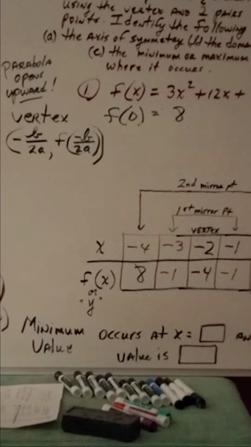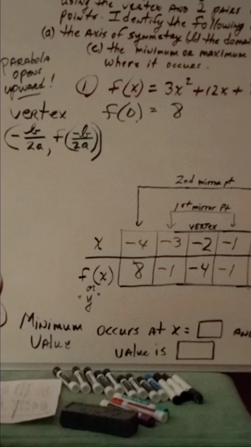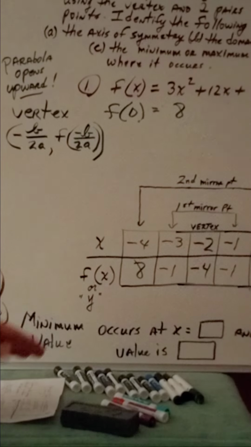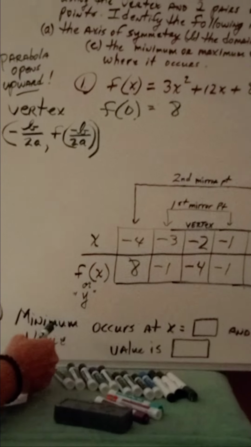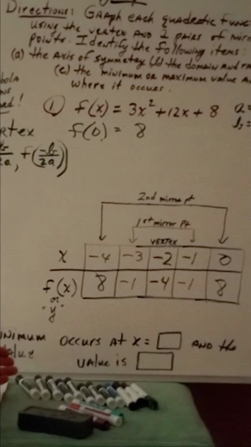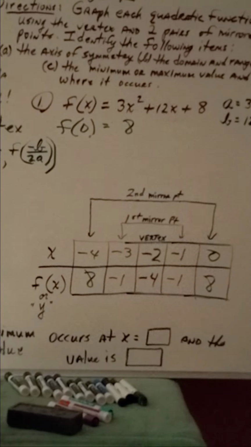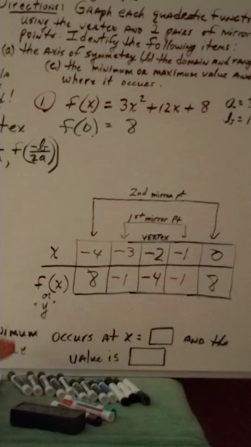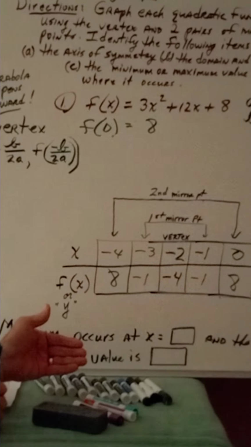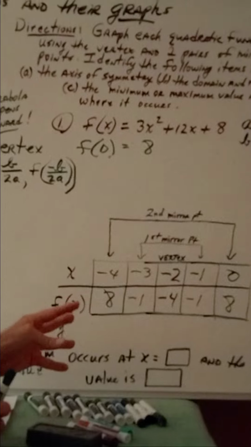There's two things we need to define when identifying either the minimum or maximum value. We need to know where that value occurs, and then what the actual value is. So there's two parts to the overall answer, and it's all linked to the vertex.